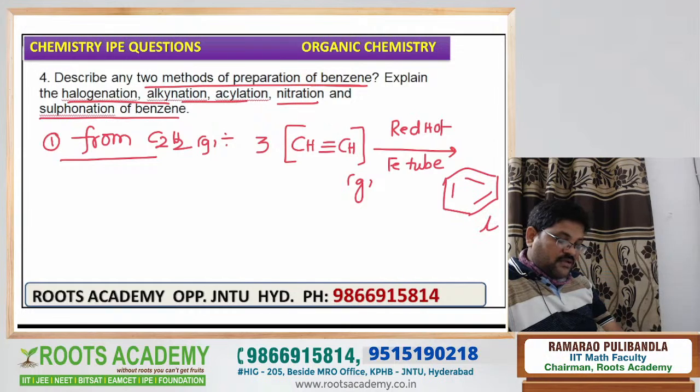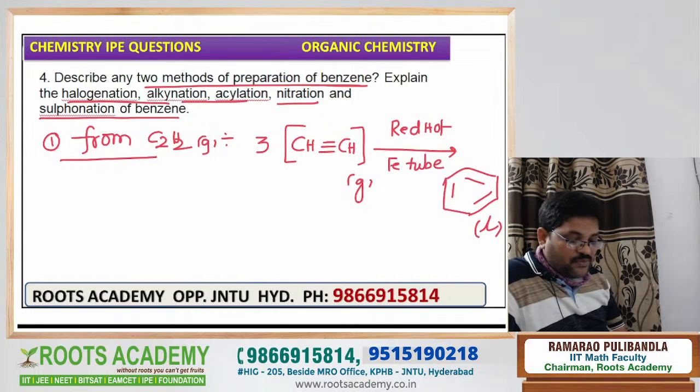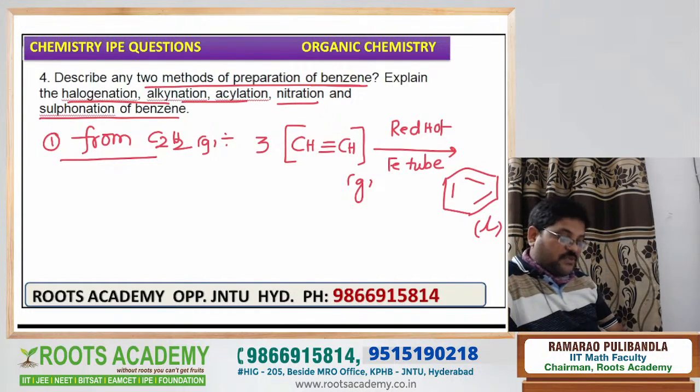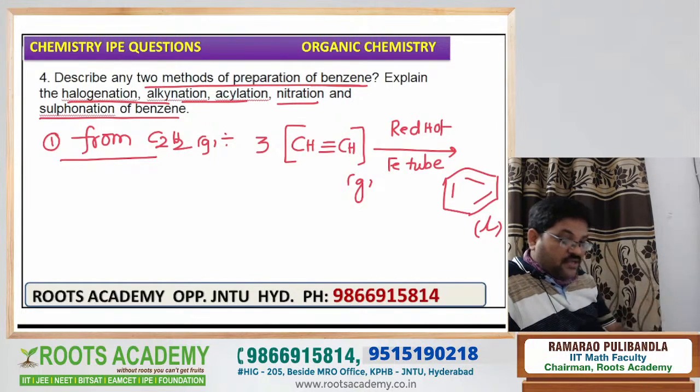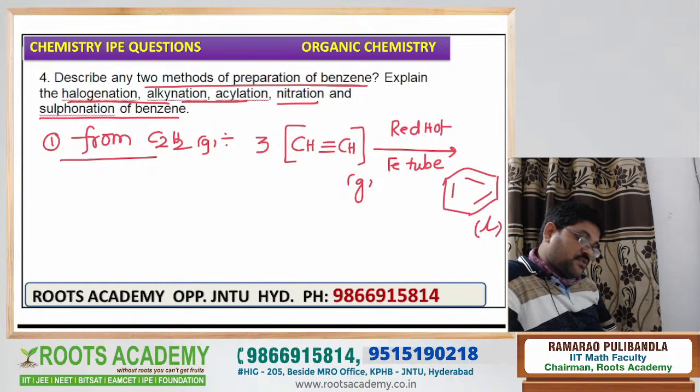Benzene liquid is forming. Simple reaction, the first method of preparation. But in the examination, you write the statement also. How do you write the statement? 3 moles of acetylene gas are passed through a red hot iron tube. Acetylene gas polymerizes and forms benzene liquid. You write like that. Understood what I am saying, students?